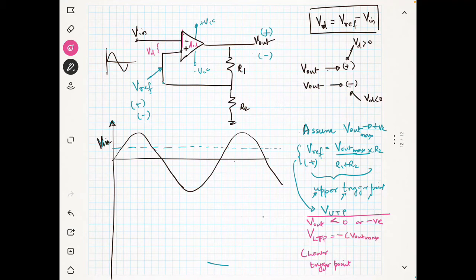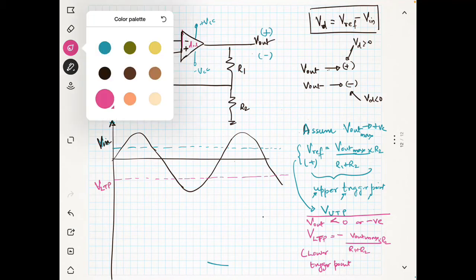It's negative voltage, so minus of V out max divided by R1 plus R2 multiplied with R2. So this is lower, so we will call this the lower trigger point. So your V reference now has basically two values, that's why.